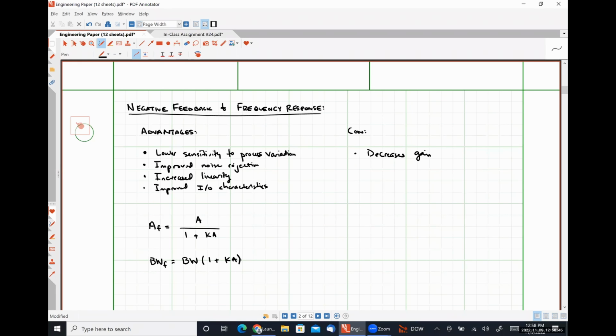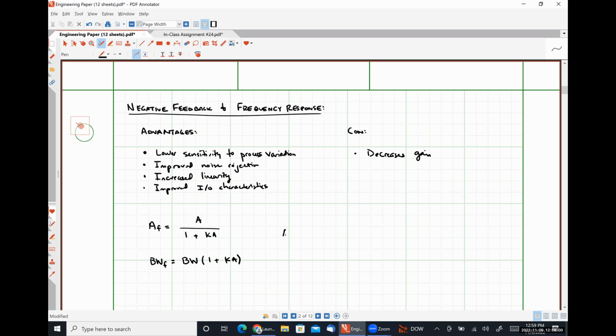One consequence of this, and we talked about this concept very briefly on Monday, is that this results in a constant gain bandwidth product.